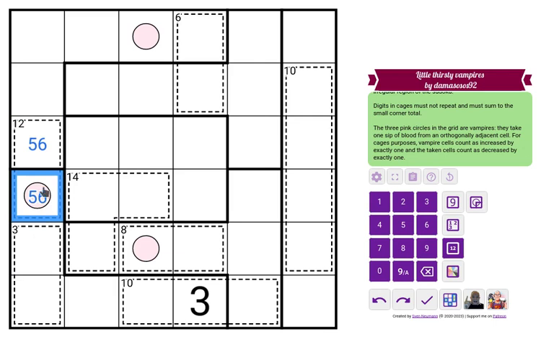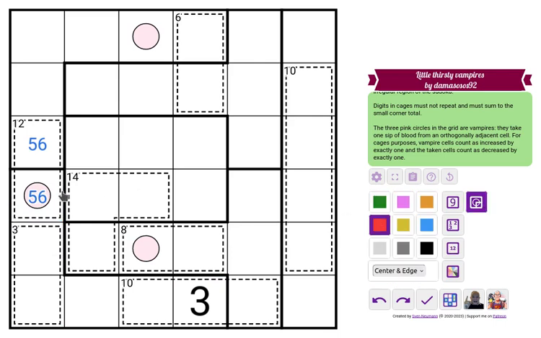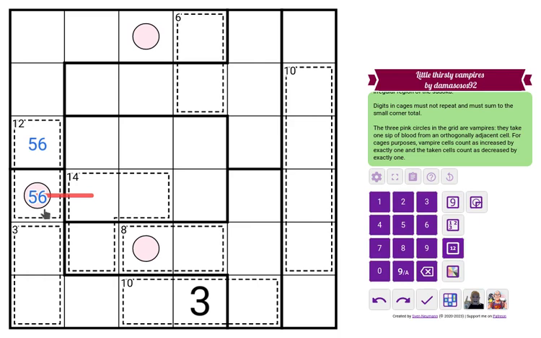But then this would sum to 4, which is 1, 3, and which clash with this one. So indeed it takes, I will draw a little line this way, it takes this sip of blood from this cage. So this is 14 plus 1, which is taken to get it there, which is 15, and this is indeed 4, 5, 6.